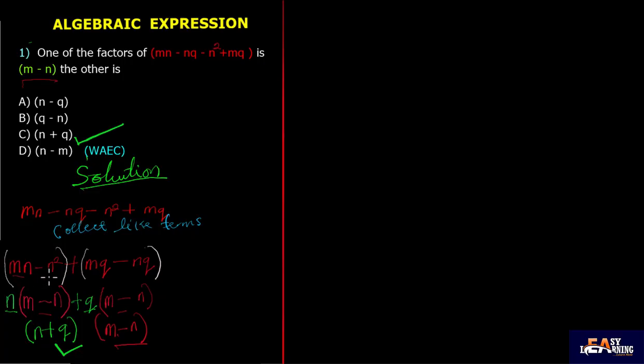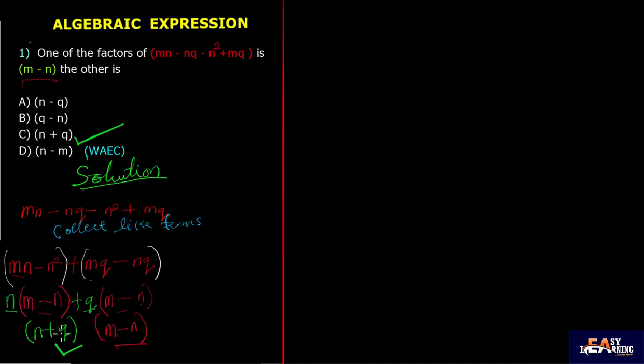The common term was n. We pull out n; n comes into mn is m times, n comes into n raised to power 2 is n. We looked at the next bracket. The common term here is q. We pull out q, and q comes into mq is m times, q also comes into nq is n times.